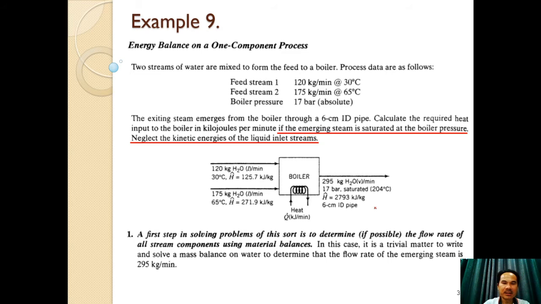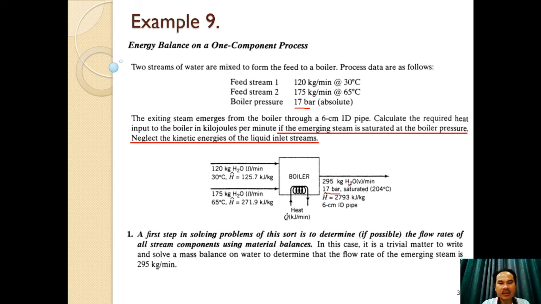The first stream is 120 kilograms per minute of water at 30 Celsius, and the second stream is 175 kilograms per minute of water at 65 Celsius. The output is the final state after you heat it, at 17 bar, all in saturated state.